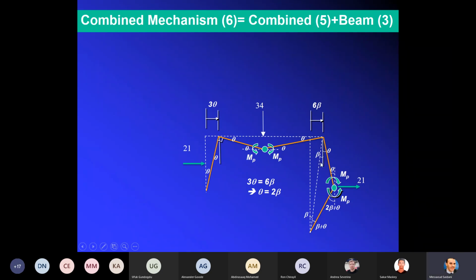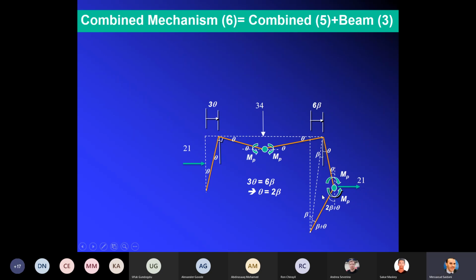We have beta here and beta there, okay? This is the vertical line, and this is the sway line, so we have beta and beta. So the total angle here is theta plus beta. Now, if you look at this beam mechanism here, can you see that?